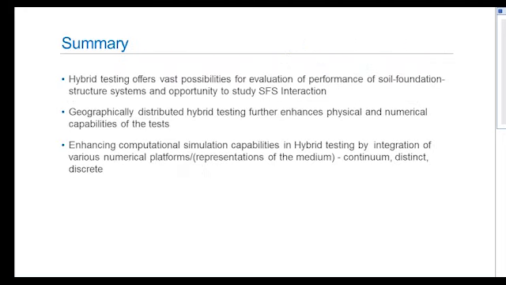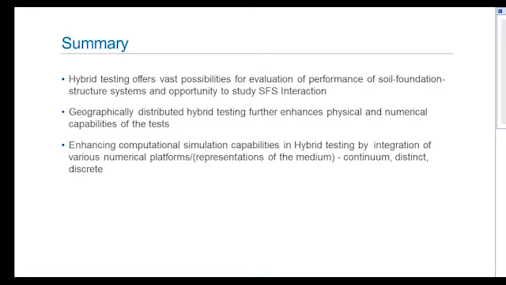And then in summary, we can say that really hybrid testing offers vast possibilities for evaluation of performance of soil, foundation and structure systems.